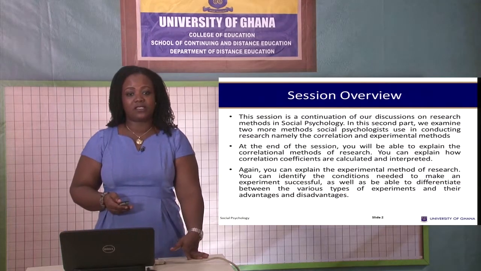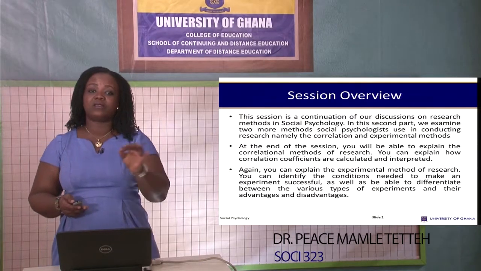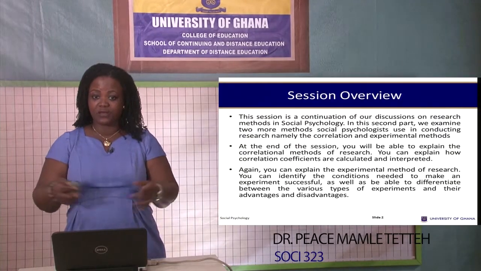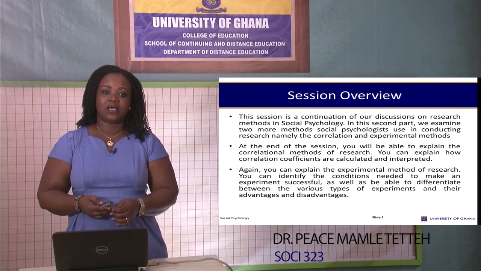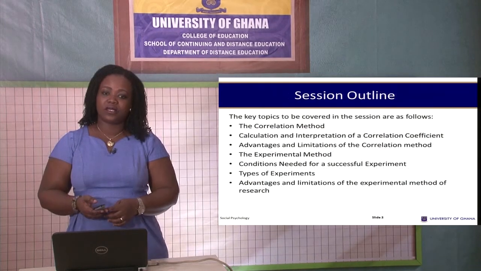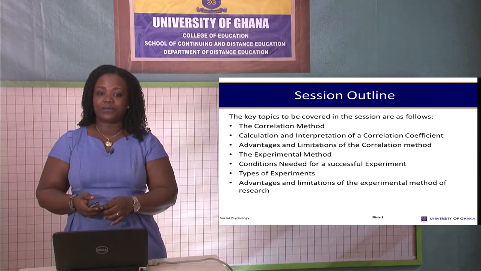By the end of the session, my expectation is that you would know what each of these methods really involves, be able to differentiate between the two, and know their pluses and minuses. So we are going to look at the correlation method.